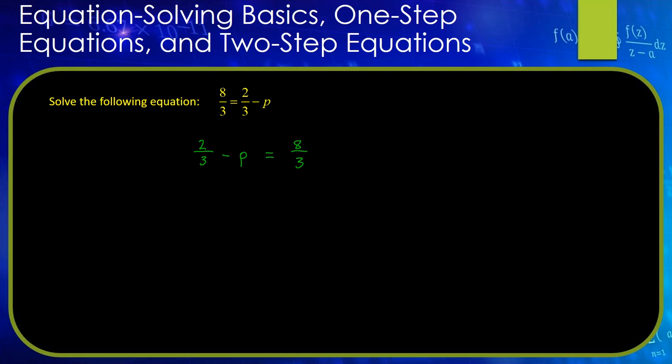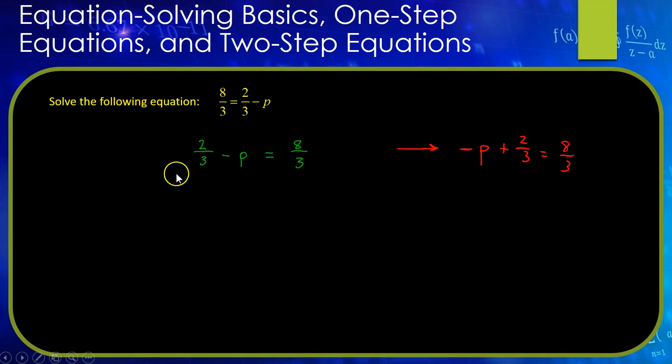I could rewrite this if I wanted to as negative p plus 2/3 equals 8/3. But if you keep in mind what the signs are and what operations are actually occurring, that's not 100% necessary. If you find that you need to write that extra step in order to make sure you're doing it correctly, then by all means add the extra step.